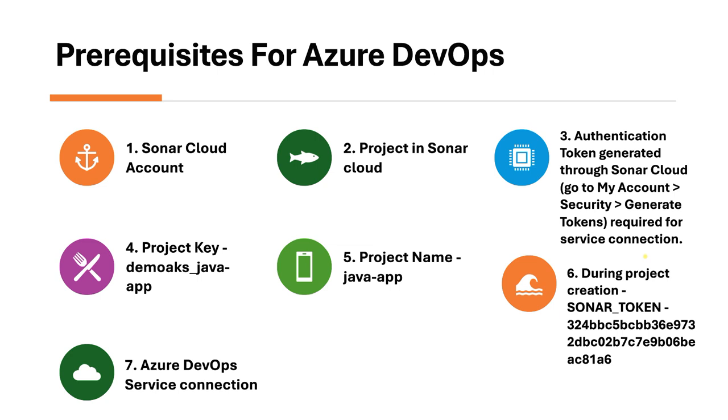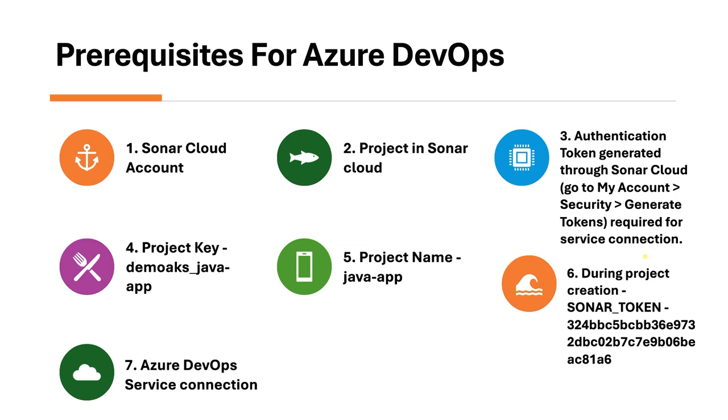The second requirement here: you should have a project in SonarCloud, under which you are going to analyze your applications. Third, we need a security token. This authentication token is required when you create a service connection from Azure DevOps to SonarCloud. Then you need some kind of authentication mechanism.